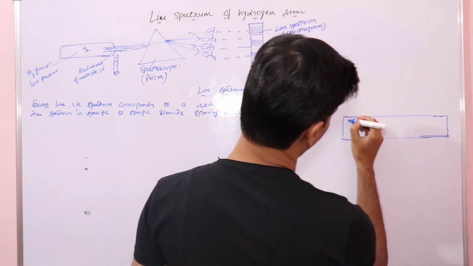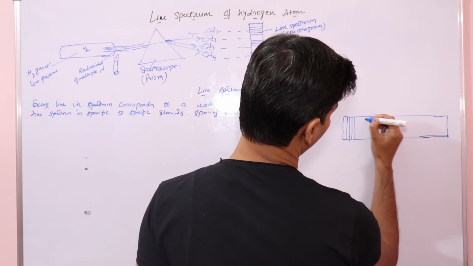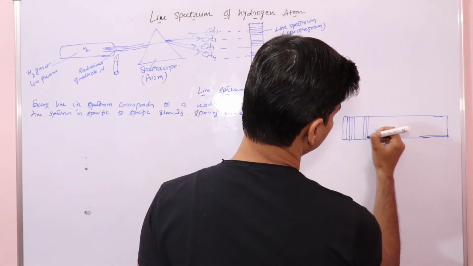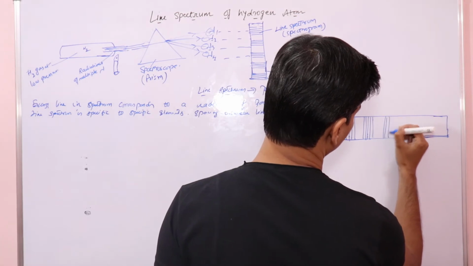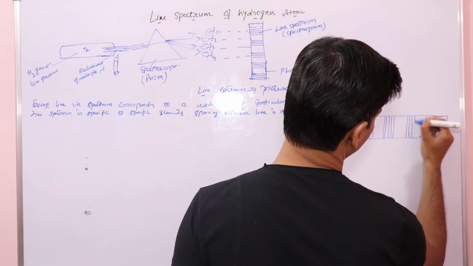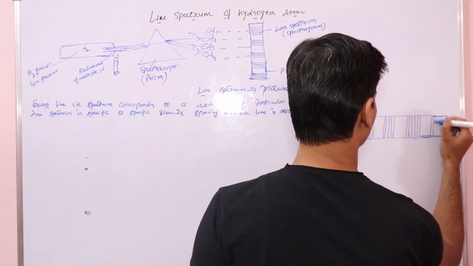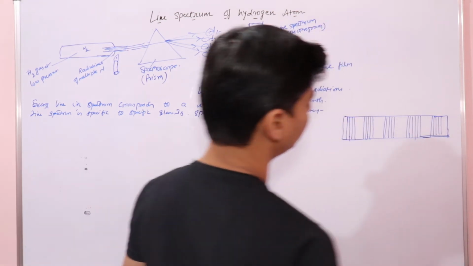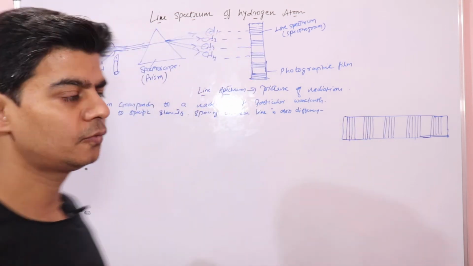It consists of closely spaced lines of different wavelengths. This is the kind of spectrum you get for hydrogen atom emission. This is the emission spectrum of the hydrogen atom.